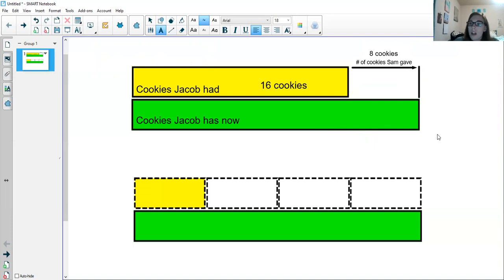And when you add 8, 16, and 8 together, you get 24. So Jacob now has 24 cookies all together.